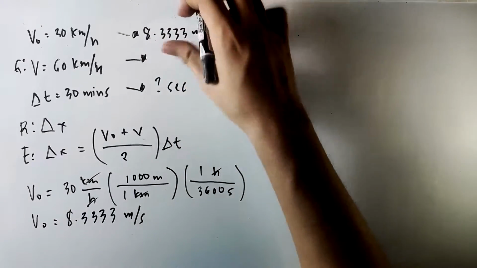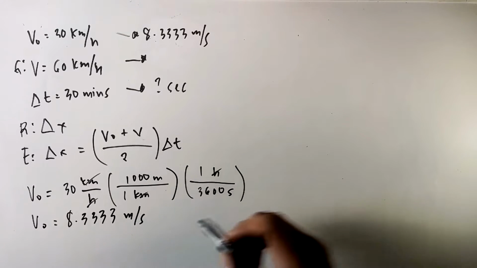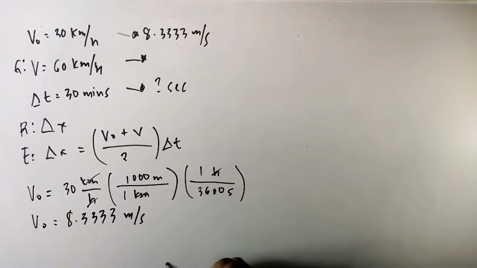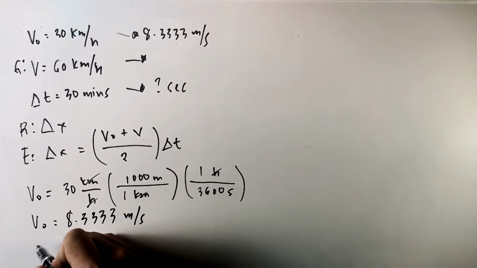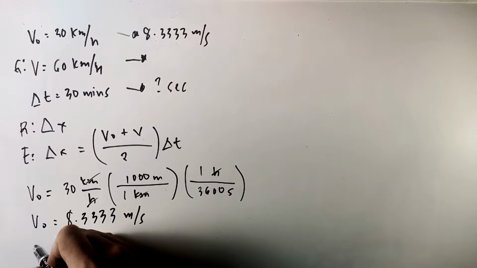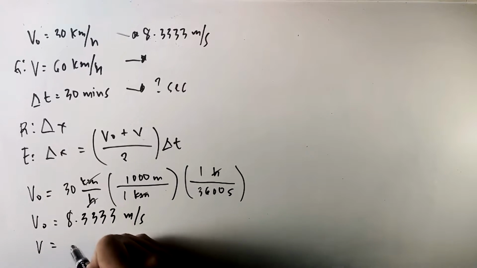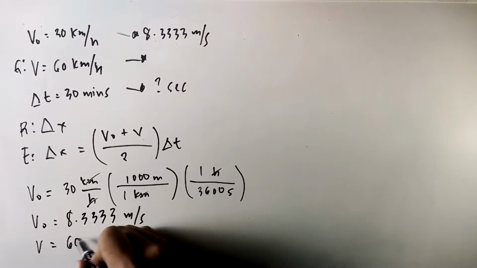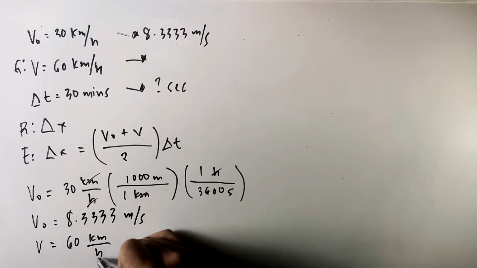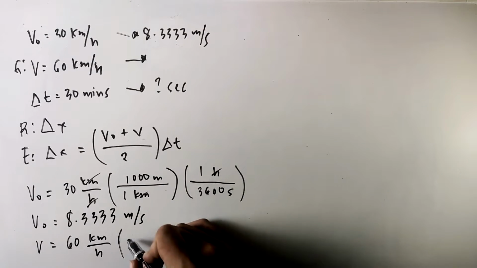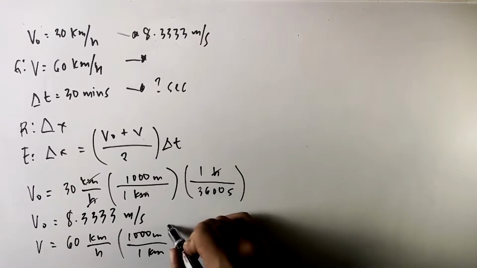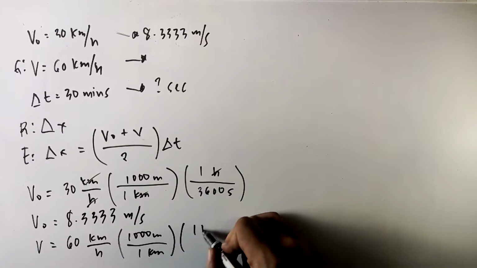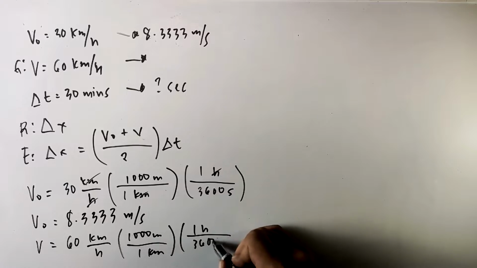How about this one? Let's change this. For v, same process. So v is equal to 60 kilometers per hour times 1000 meters divided by 1 km times 1 hour over 3600 seconds.